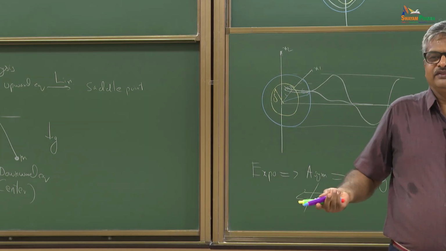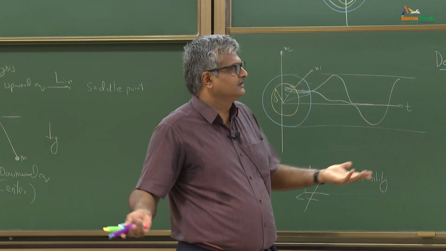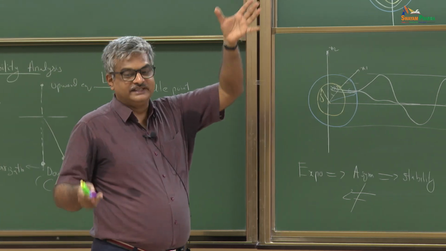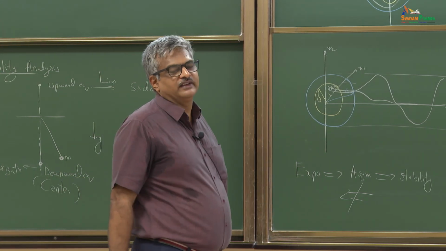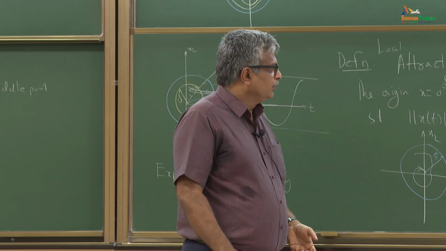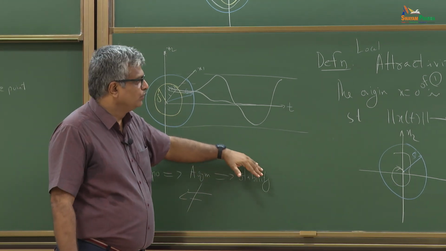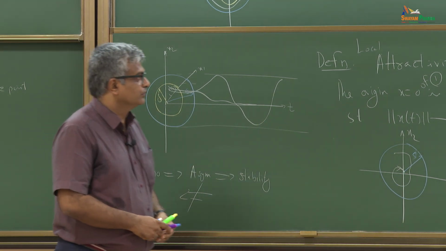It's a definition. How do you check it? You can't check for all possible initial states and target sets. But the nice thing is you have a nice algebraic condition, the Kalman rank condition. So we need some method to establish this stability. We'll see how to do that.